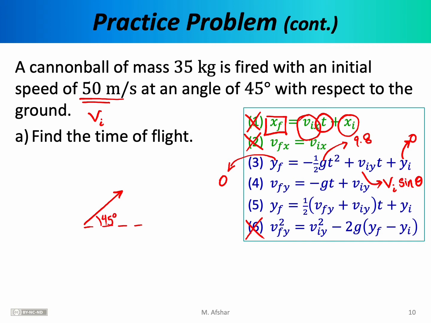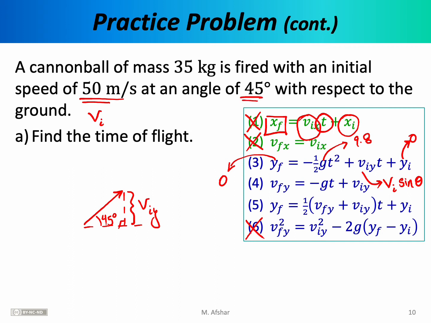And so if we're interested in the y component of that initial velocity, we must do a little bit of trigonometry and calculate the y component here. So this is Viy. As you can see, this length of the triangle is opposite to the angle of interest. And with a little bit of geometry, you can convince yourself that Viy should be Vi sine theta. And theta, of course, is given to us as 45 degrees.